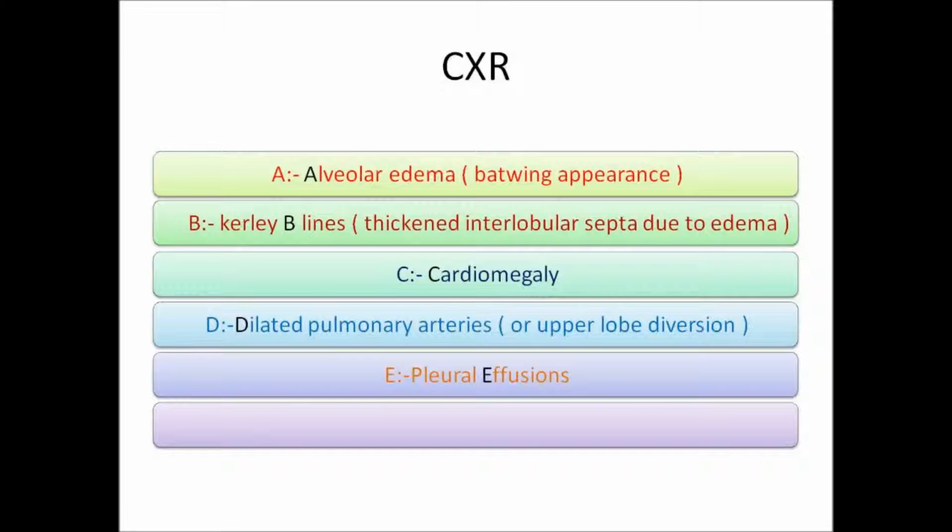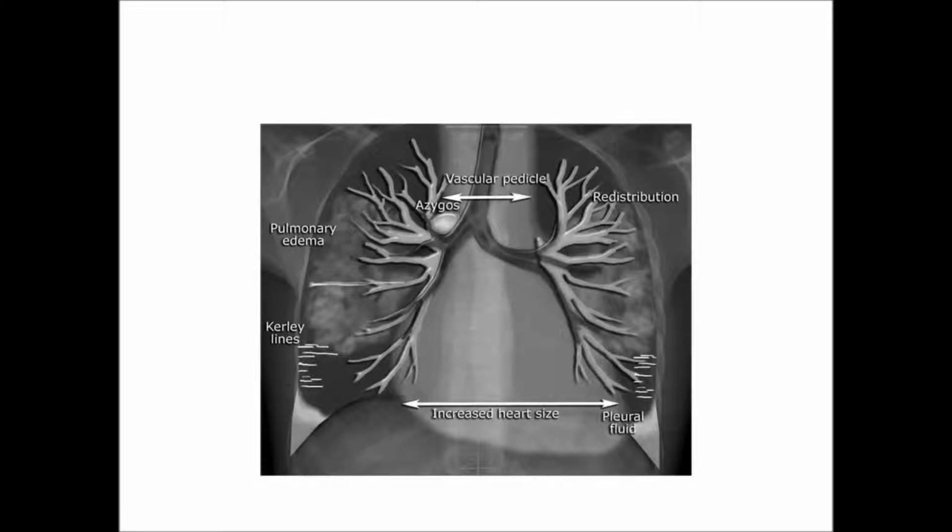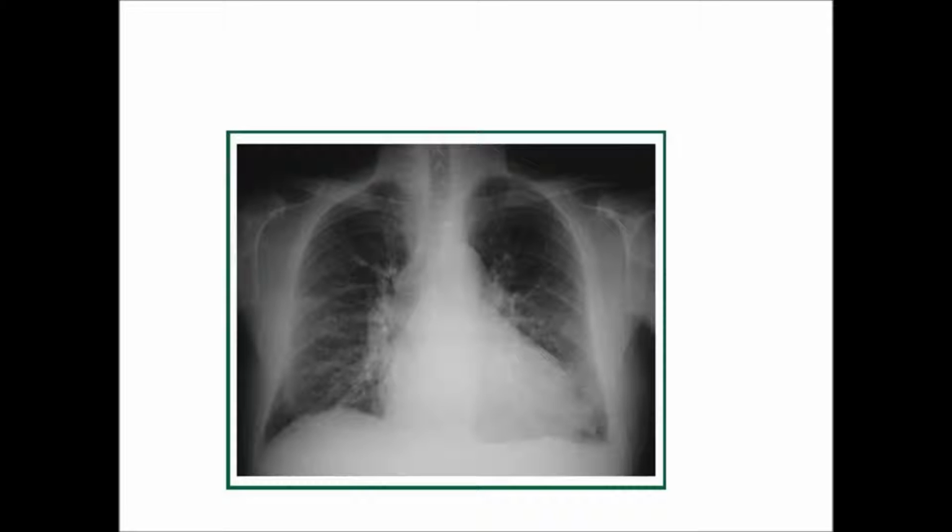The D stands for dilated pulmonary arteries, and this is obvious because of the backup pressure and the rush of fluid back towards the lungs. The E stands for pleural effusion, and this is seen in cases of severe heart failure. And these are some images that can show the ABCDE of heart failure.